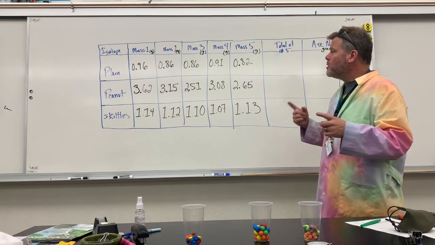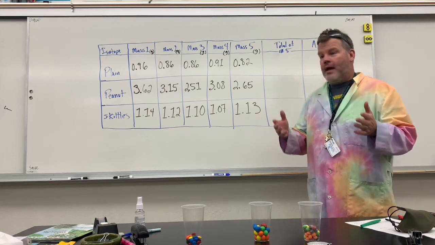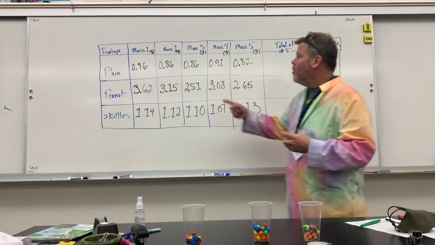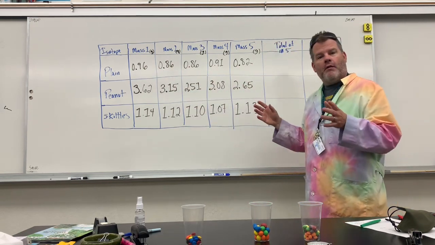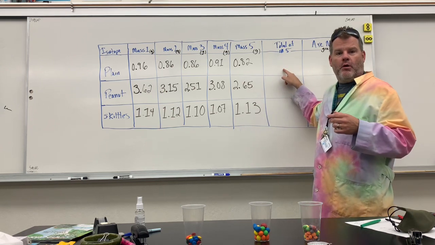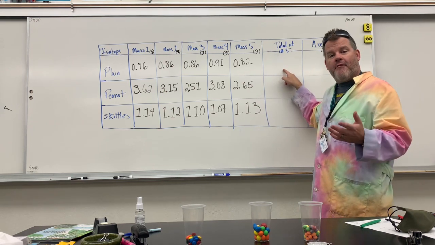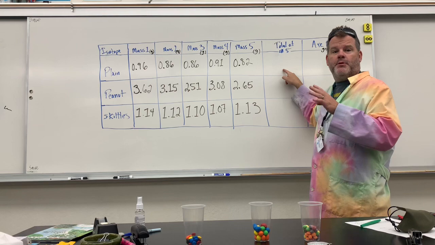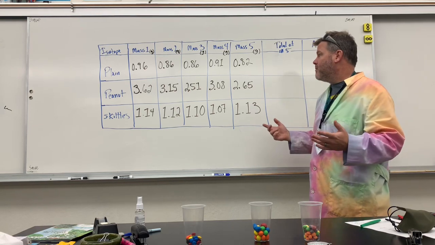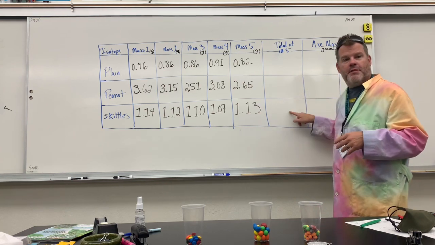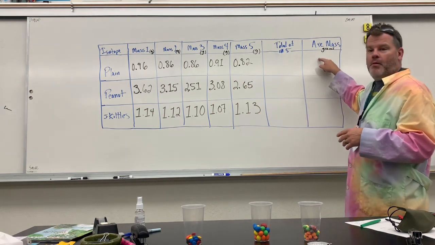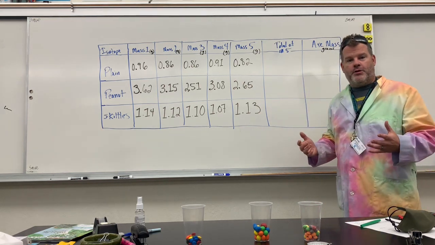But since we need to find the average, what you're going to need to do is add up all of those individual masses for a total of all of them. And then to find the average, since we have 5 samples, we are going to divide by 5. You're going to do the same thing for plain, same thing for peanut, same thing for our Skittles, divide them all by 5 and find the average.